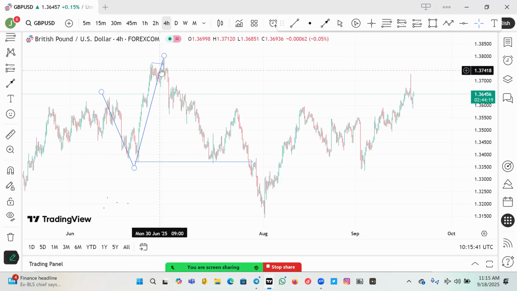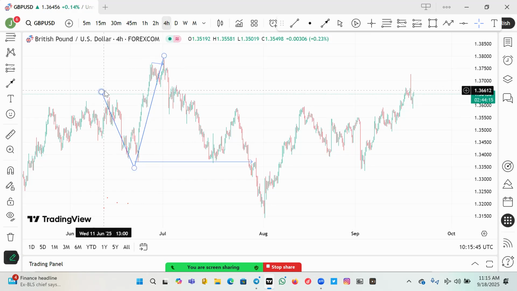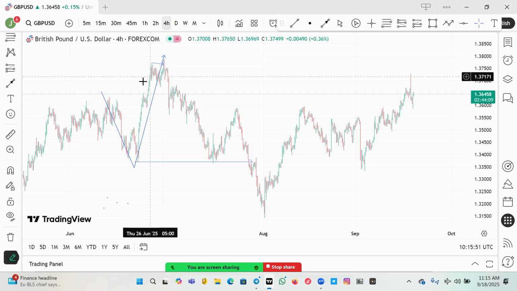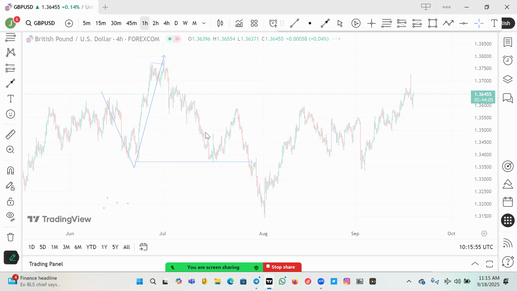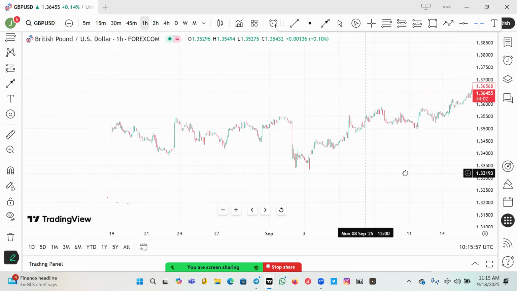Now, because this 4 hours one leg does not make up three valid internals inside of it, I will take each one of them individually. This is what I mean.